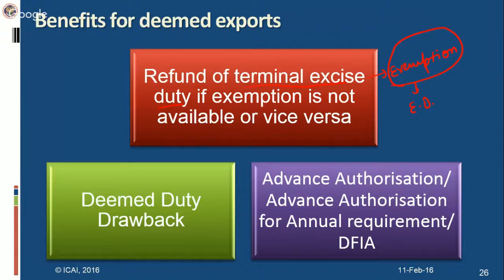He will not be eligible for refund. That is what we say: refund of terminal excise duty if exemption is not available. But in case exemption is available, you claim the exemption, and that is the deemed export benefit you are getting. But in case this exemption is not available, then the refund of terminal excise duty which you have paid on the final product supplied to the exporter will be available. Now, what is terminal excise duty?